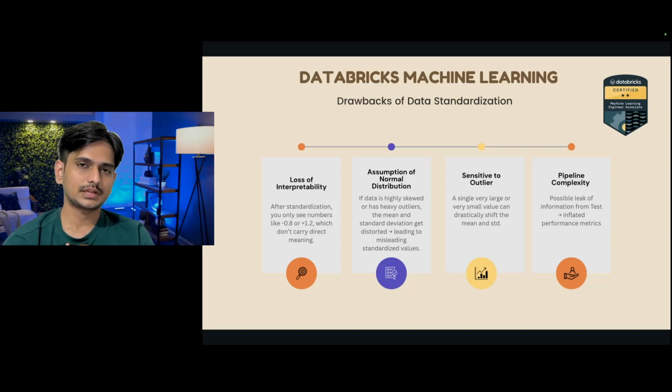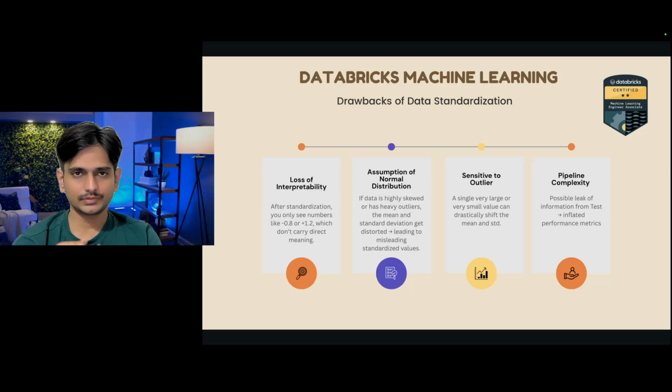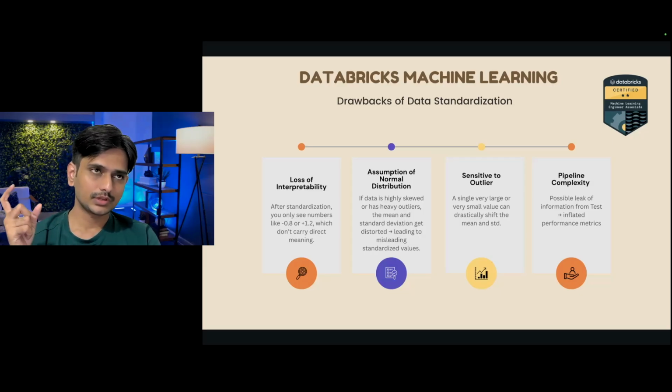But after standardization, you will see values like minus 0.8 or plus 1.2, which don't carry any meaning for the business. And if you are interacting with business or convincing business, then the interpretability with this data will be lost. So that is one of the key important things. This is where I was talking about the feature store.